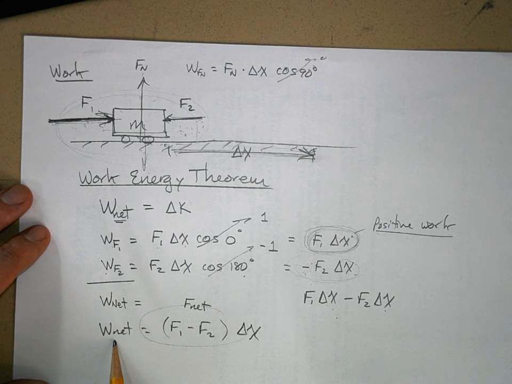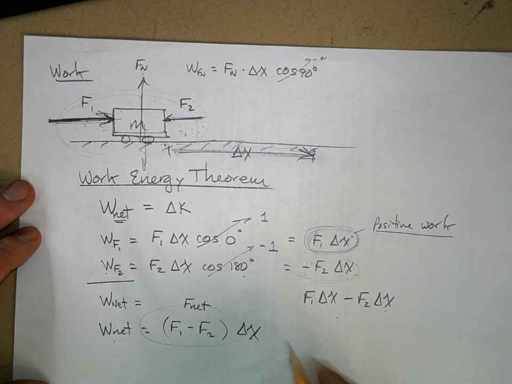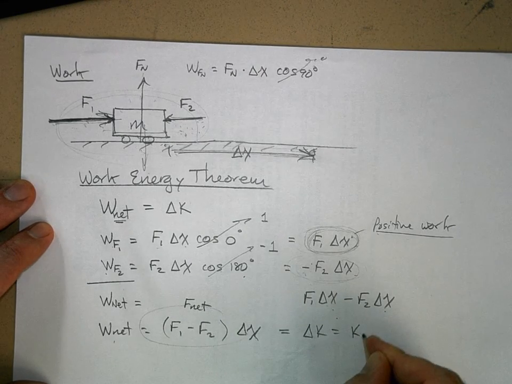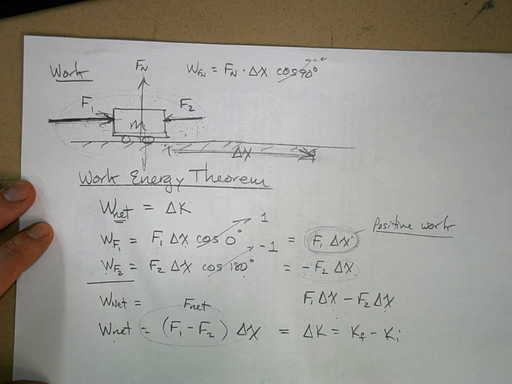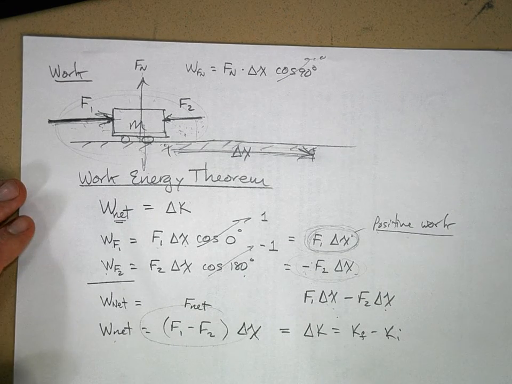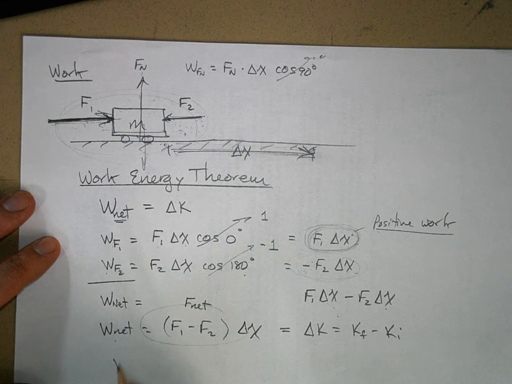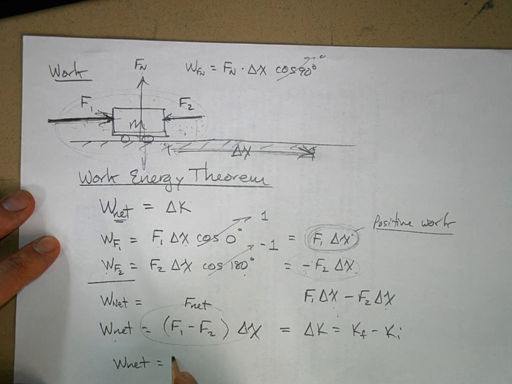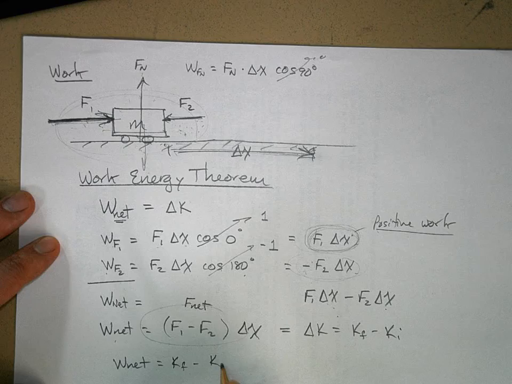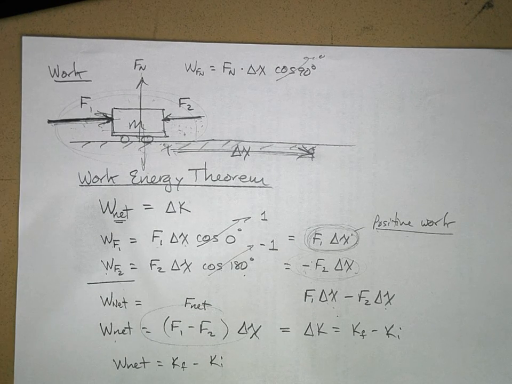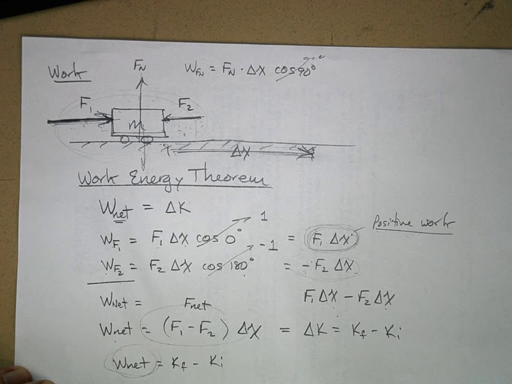So now, that will be equal exactly to the change in kinetic energy, or K final minus K initial. Now, as I said, I'm not going to rederive that the work done by the net force is equal to K final minus K initial. But if you know the net force on an object, and you can figure out how much work that net force is doing, it will result in a change in kinetic energy to the object.